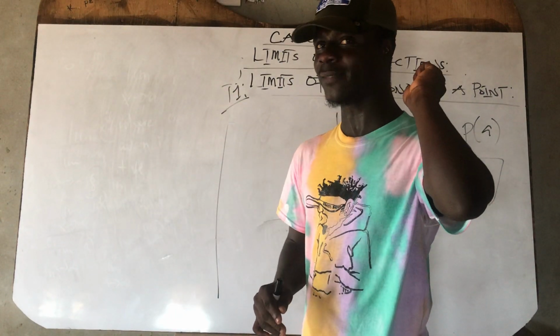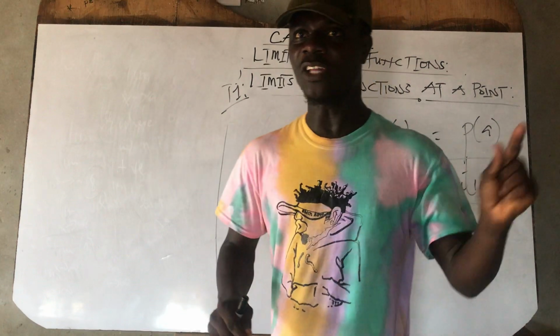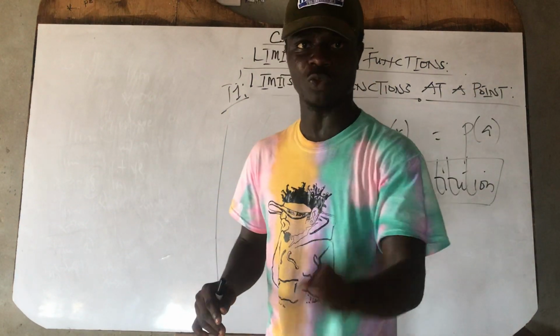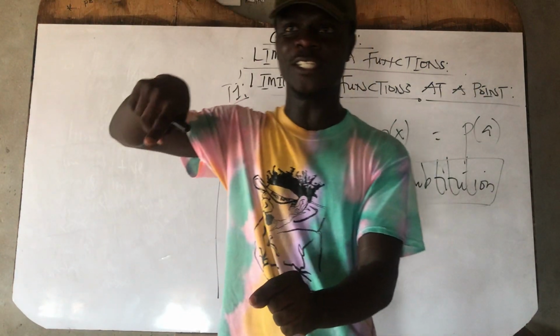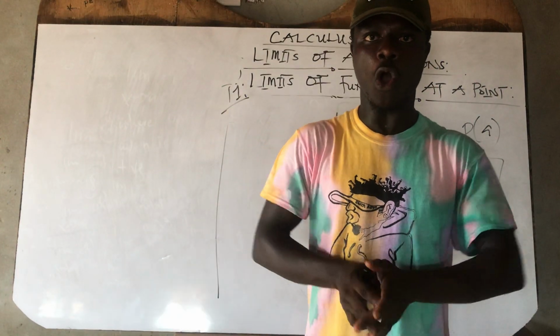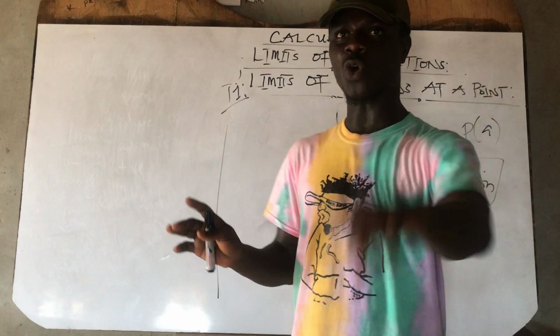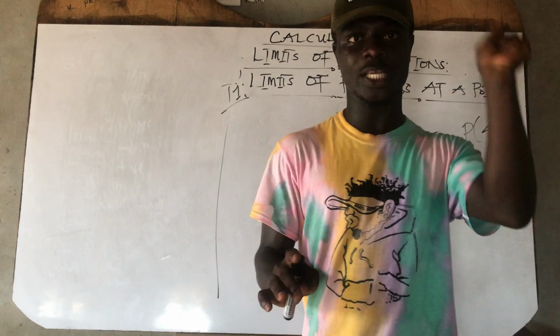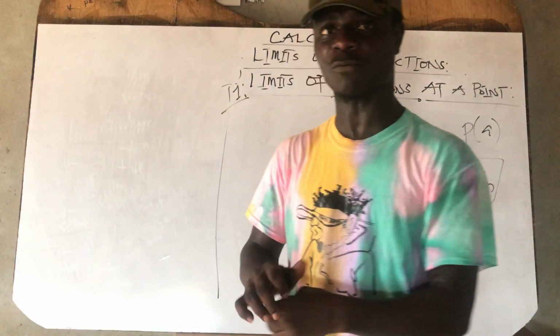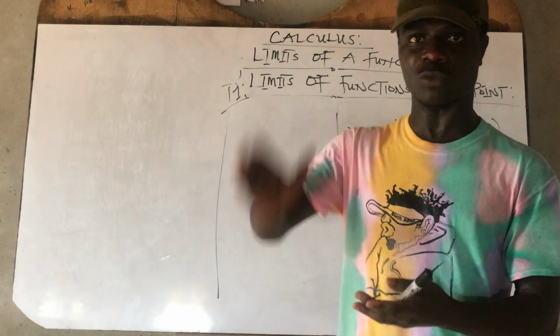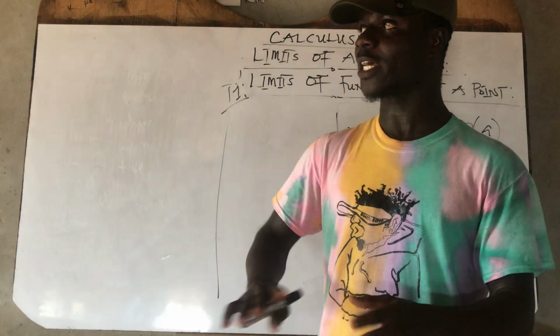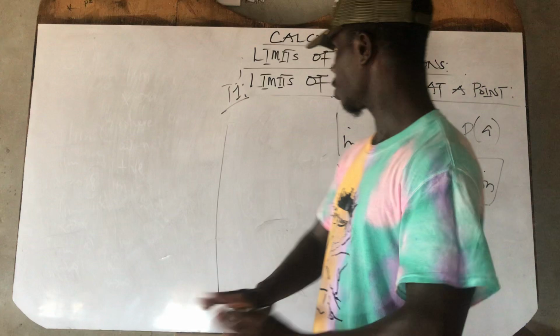Sometimes when I give you a function and you do the direct substitution, the limit may not exist anymore. So not always do you do direct substitution; sometimes you have to simplify, or reduce the function to its lowest term.